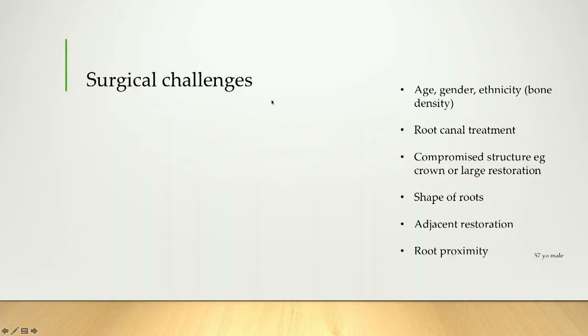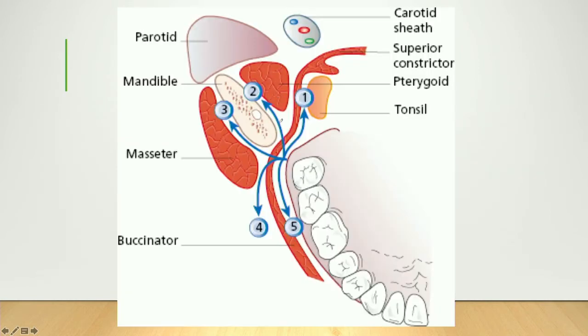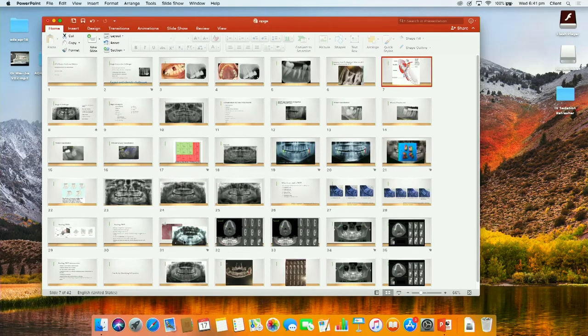Your lingual artery comes round kind of in that position here. So when you're removing a tooth, if you stay buccal to that, then it's highly unlikely that you're going to hit it. I'll just show you, if we go back to this case study here.